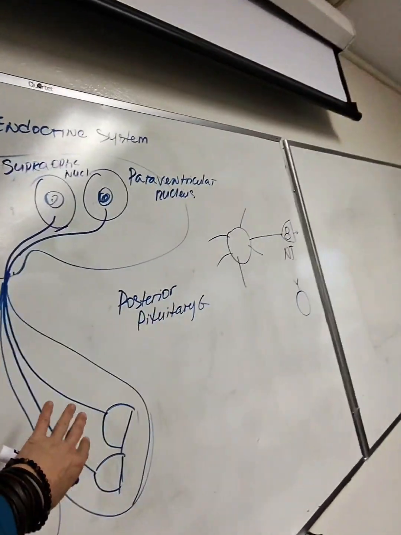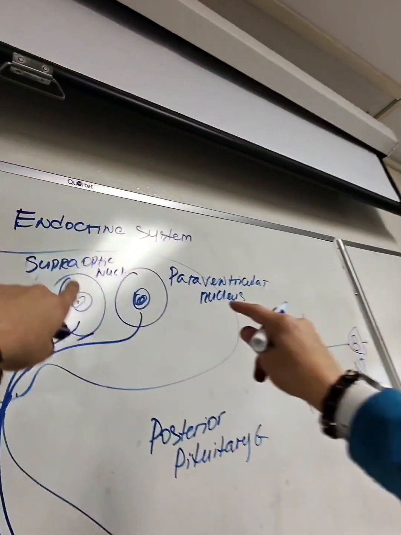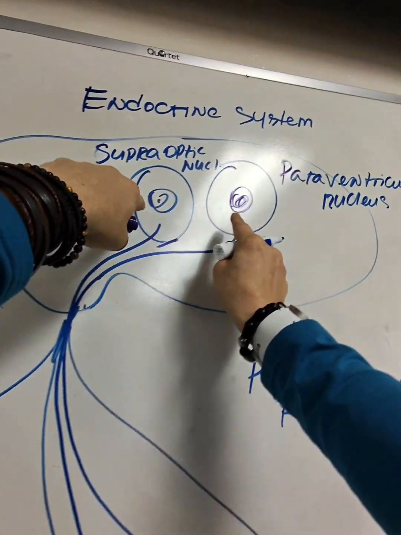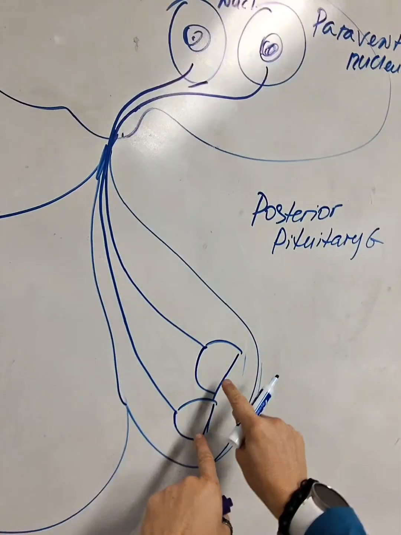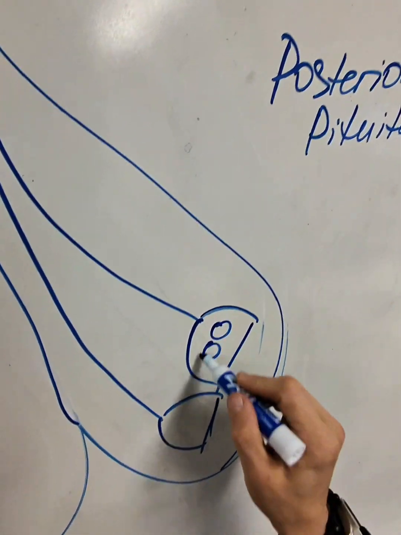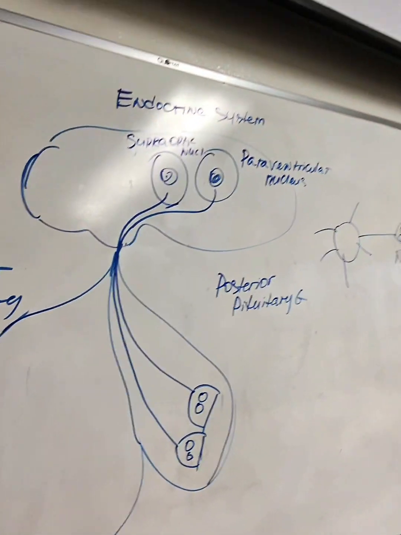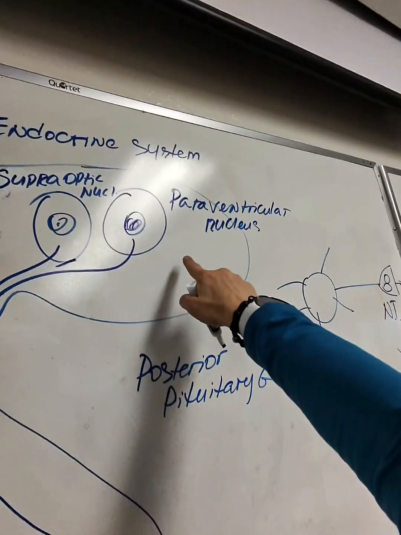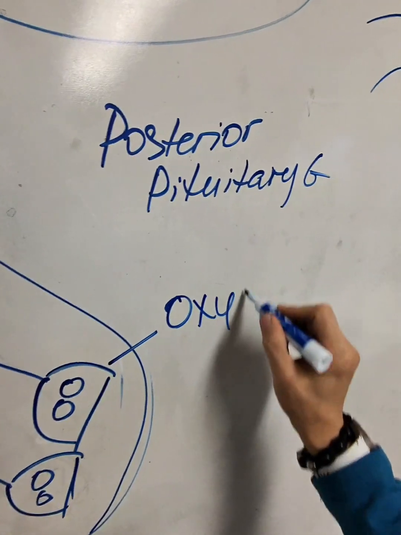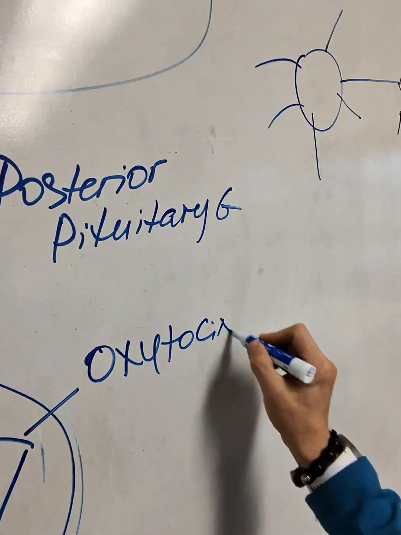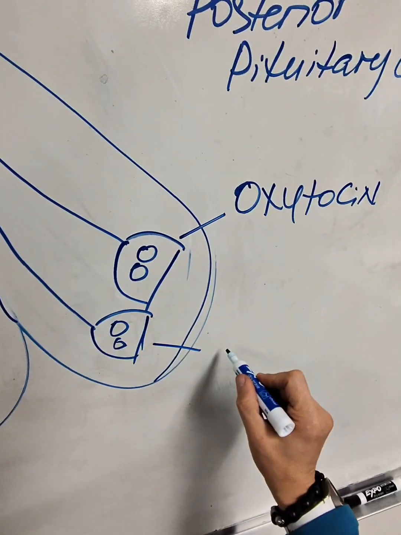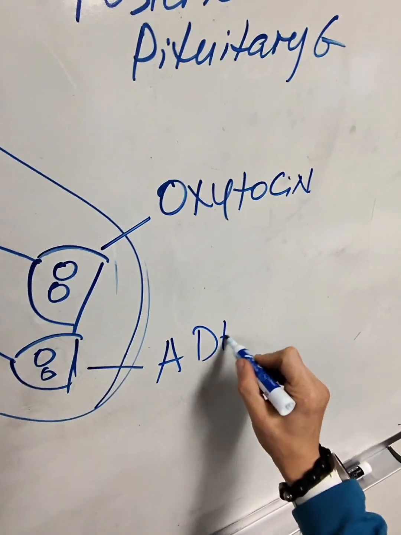So when it comes to the posterior pituitary gland, we make hormones within here, and we send them, we store them. We store them at the axon terminals right here in vesicles. So paraventricular nucleus makes a hormone called oxytocin, and supraoptic nucleus makes a hormone called antidiuretic hormone.